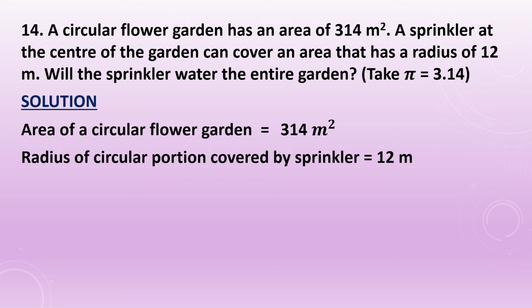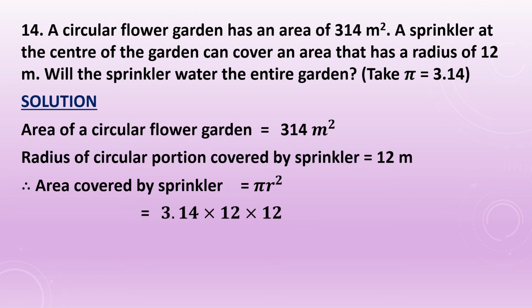Now what we have to find out? Yes, area. Area covered by the sprinkler equal to pi r square. Substitute the value. We get 3.14 into 12 into 12, which gives 3.14 multiplied by 144, which is the answer 452.16 meters square.